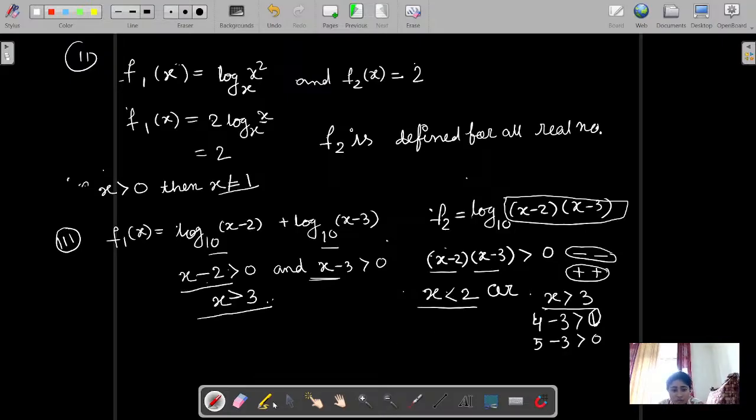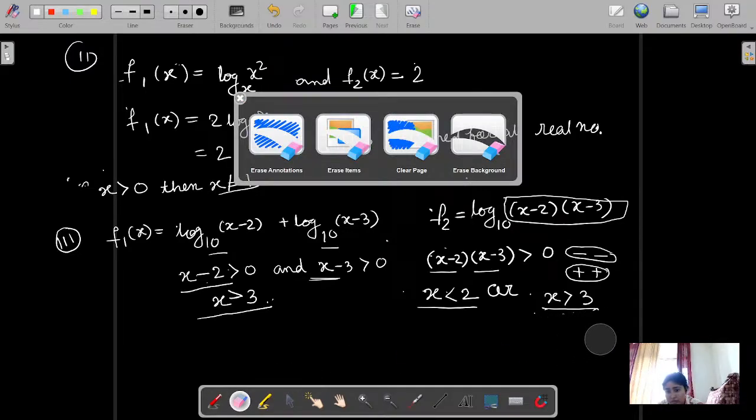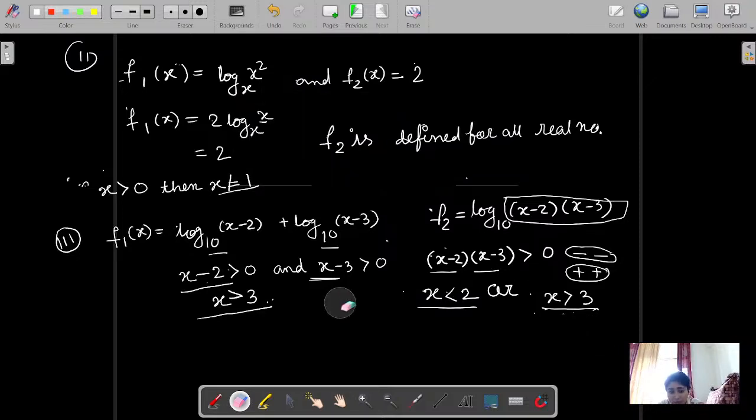Okay, so in number line how I can show it? Suppose this is my number line and this is 0, so this is 2 and this is 3.